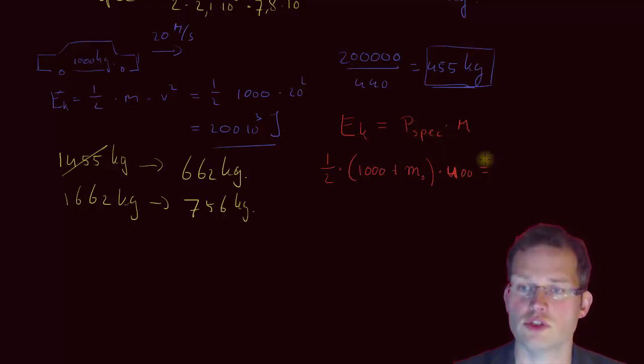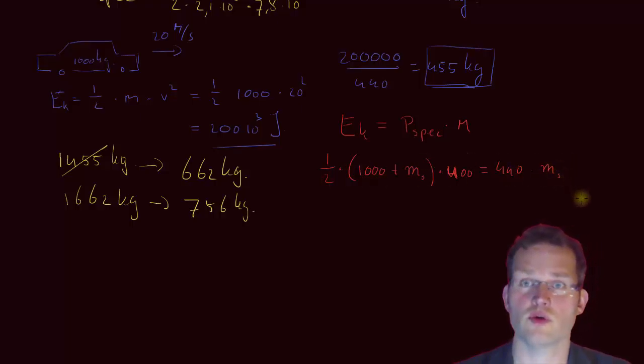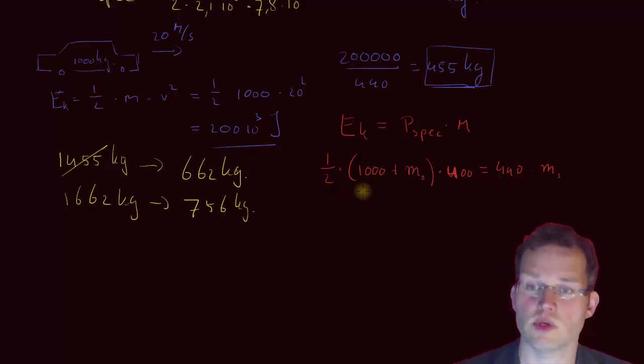This must be equal to the specific energy of the spring, which we know is 440 joules per kilogram, times the mass of the spring. So we now have one equation with only one unknown in it, so we can rewrite it and calculate the mass of the spring.